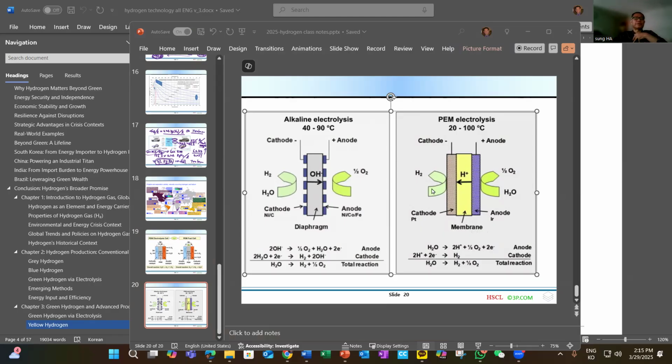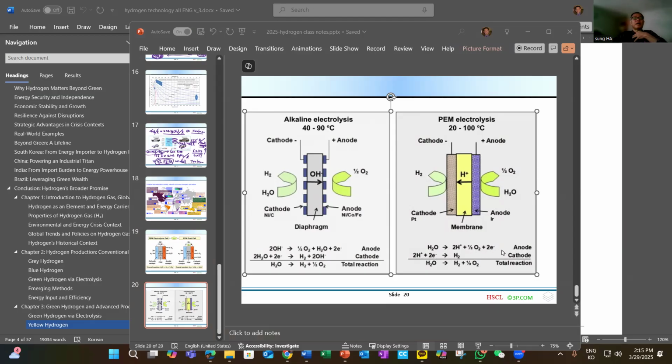produce H2. Here is the formula. Proton plus electron react, giving us hydrogen gas. That's how we get H2, hydrogen.